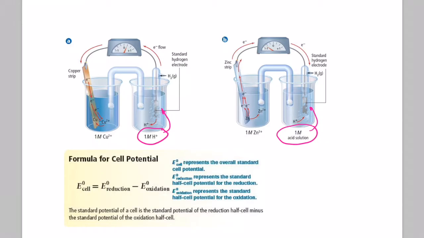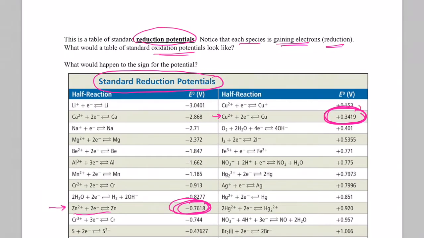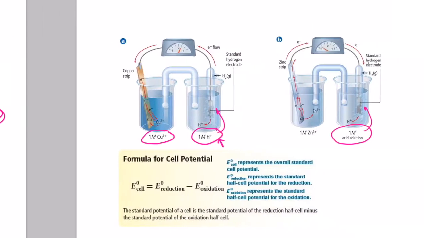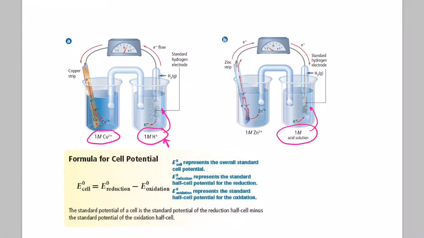And you can see, since copper 2+ has a higher reduction potential than hydrogen ions do, remember it was a positive 0.3419, the electrons will flow from the hydrogen electrode towards the copper electrode because it has a stronger reduction potential.